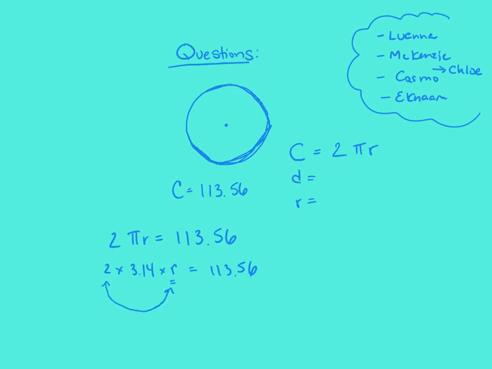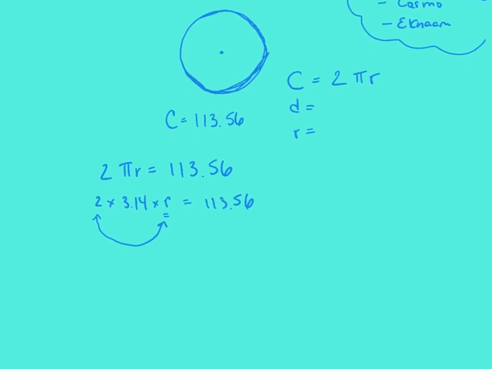If you take 2 times r, that's the same thing as saying the diameter. Okay, so 3.14 times the diameter is going to give you 113.56. Now, if you want to see what the diameter is, which can lead to the radius, just take 113.56 and divide it by 3.14, which is pi. Now, how is that going to give you the answer?